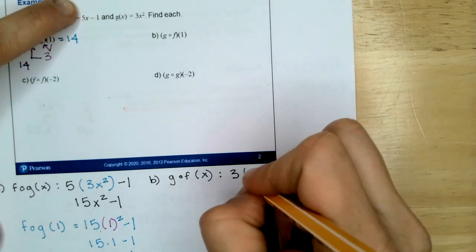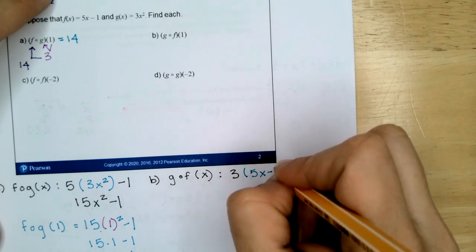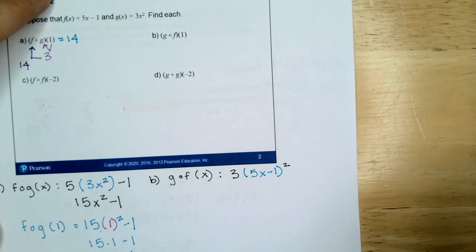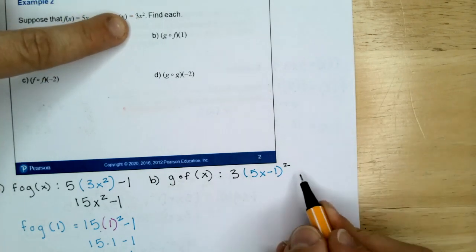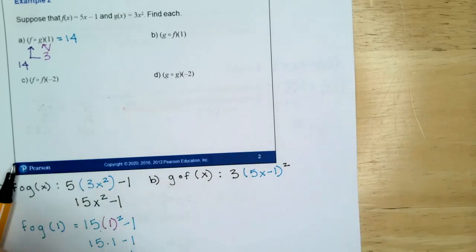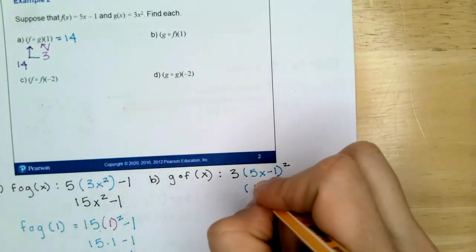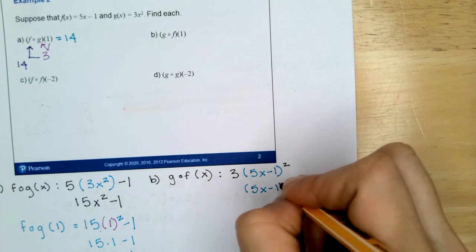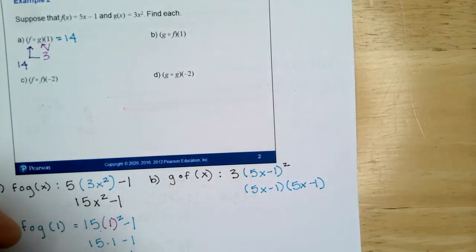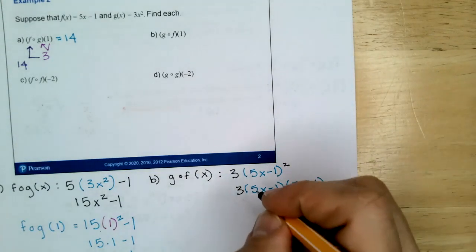So 3 times 5x minus 1 squared. Good? 3x squared becomes 3 times 5x minus 1 squared. 5x minus 1 times 5x minus 1. Still times 3. Okay, I'm going to do the FOIL first.